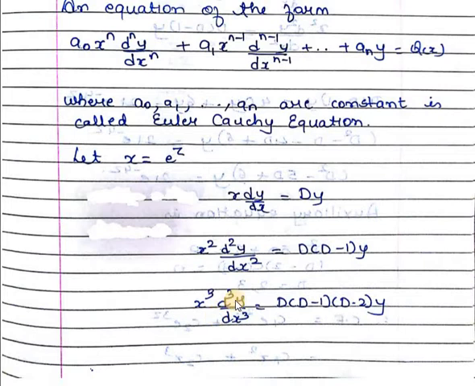Same way, x cube d cube y divided by dx cube will be converted into D into D minus 1 into D minus 2 y. Same way, if we go further, then x raised to 4 d raised to 4 y divided by dx raised to 4 will be converted into D into D minus 1 into D minus 2 into D minus 3 into y.